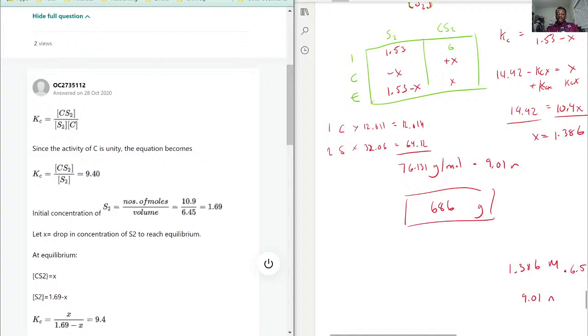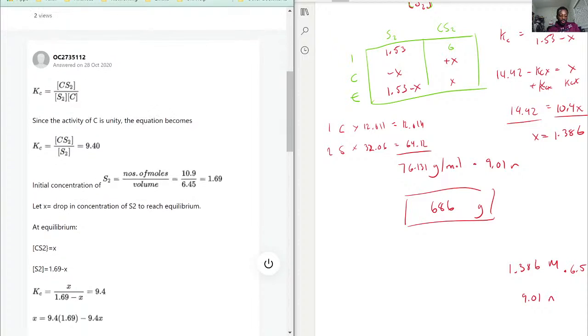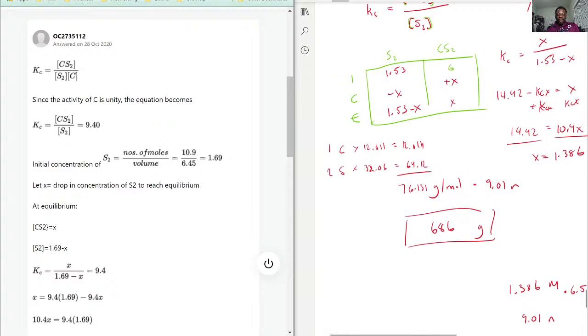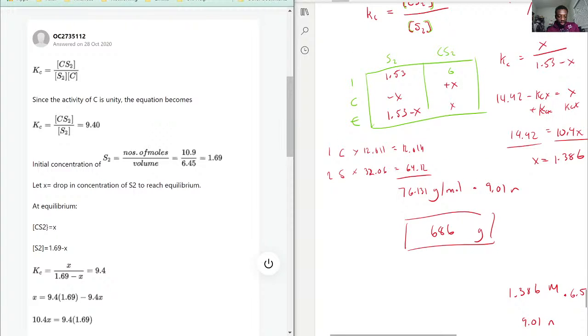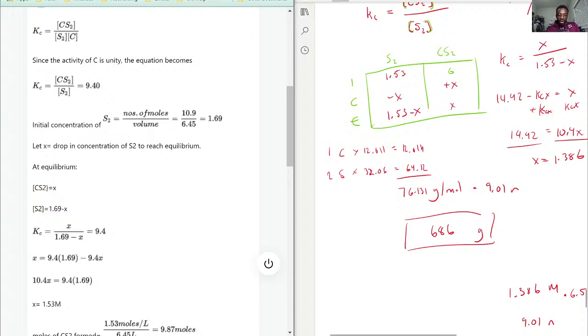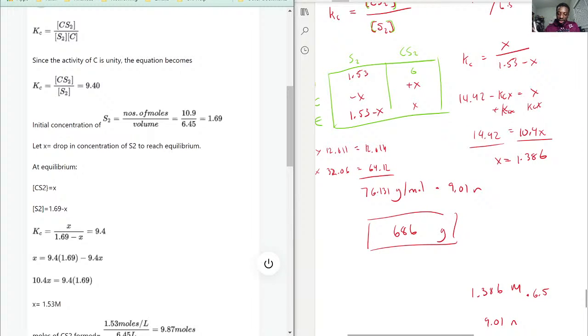So just as a review, to clear any confusion, we first found the concentration, which was then used for a mini ICE table, initial, change, equilibrium, to find the formula, which was going to be this: Kc is equal to x over 1.53 minus x, which is what they have here. Then we did some rearranging, and then we were able to solve for the concentration of x, and this is what we got here, while they got something different.